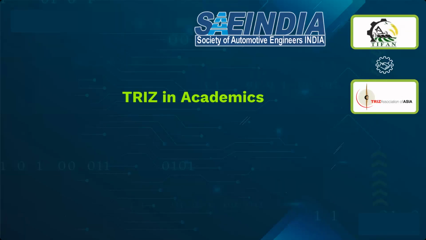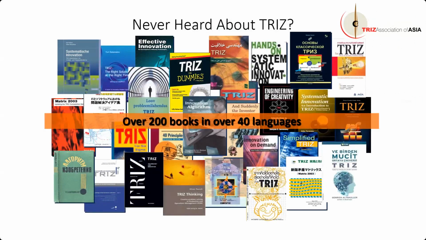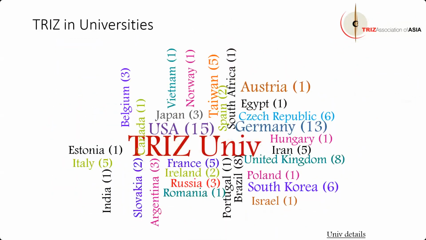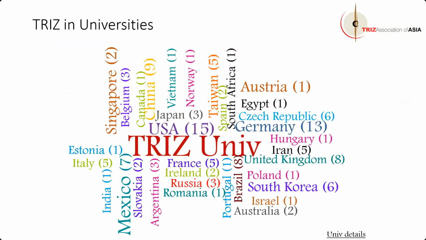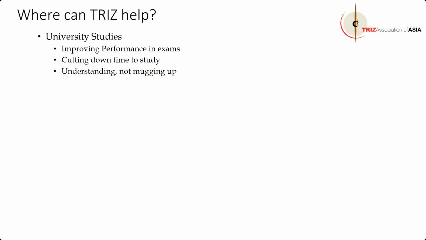As I mentioned, there are over 200 books on TRIZ in 40 languages already available, and many universities all across the world are teaching TRIZ. Unfortunately, in India there is very little awareness or expertise in TRIZ for reaching out to students and teaching them professionally. Professional means inclusion in the syllabus.